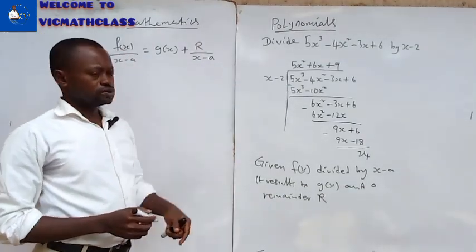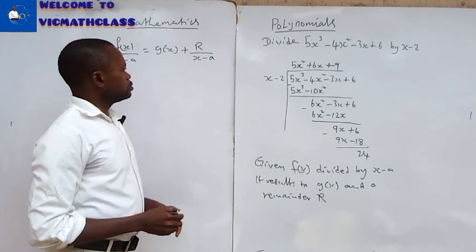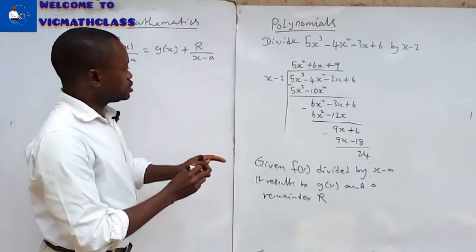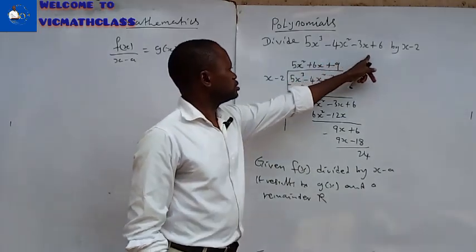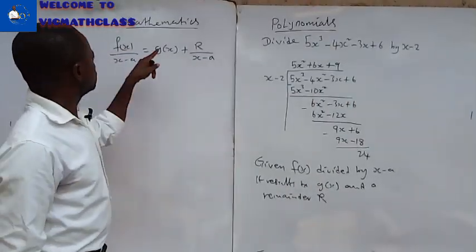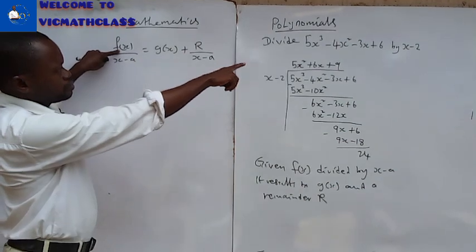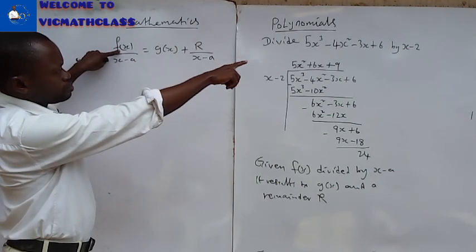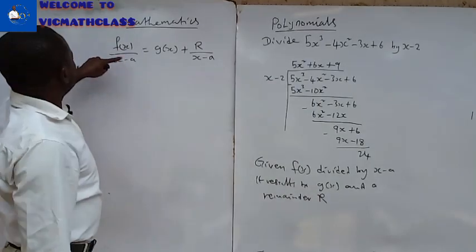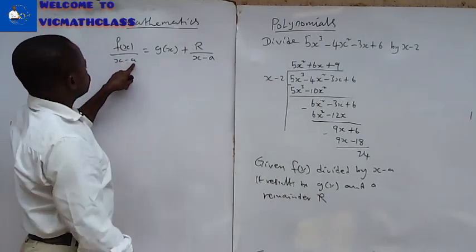And this is a typical demonstration of it. This expression can be demonstrated in this form. This is the function f, 5x cubed minus 4x squared minus 3x plus 6, being divided by x minus 2.